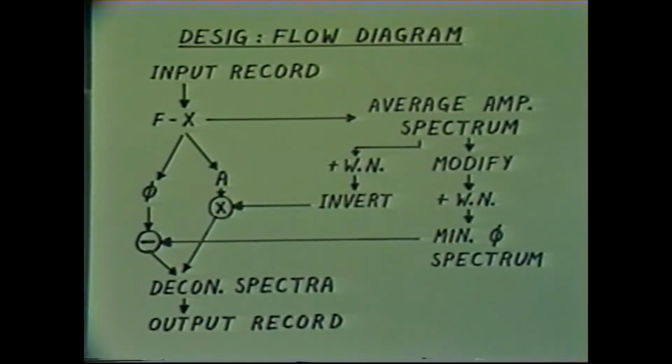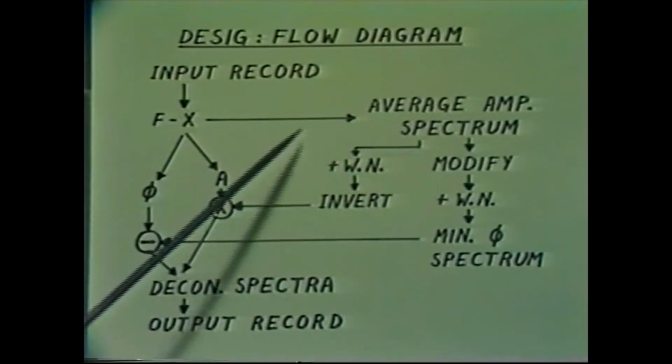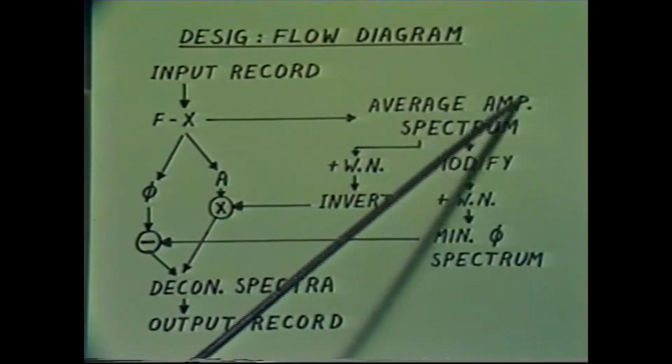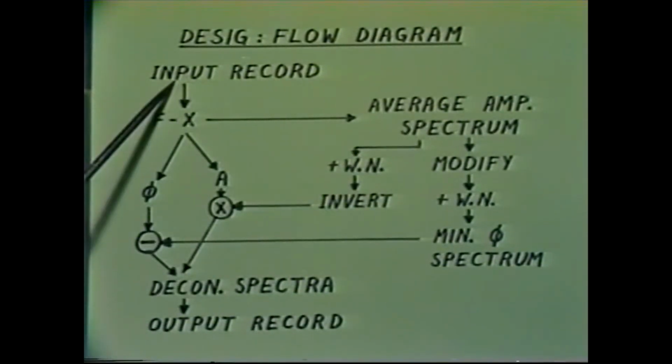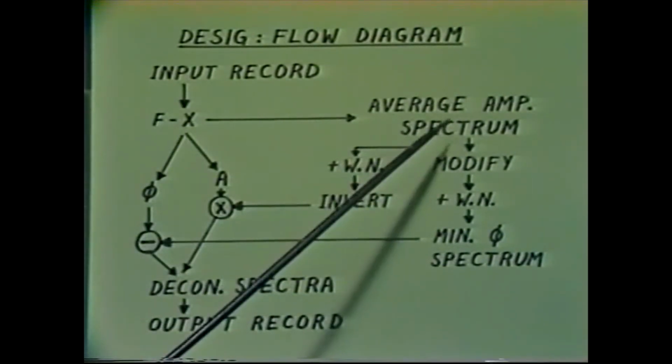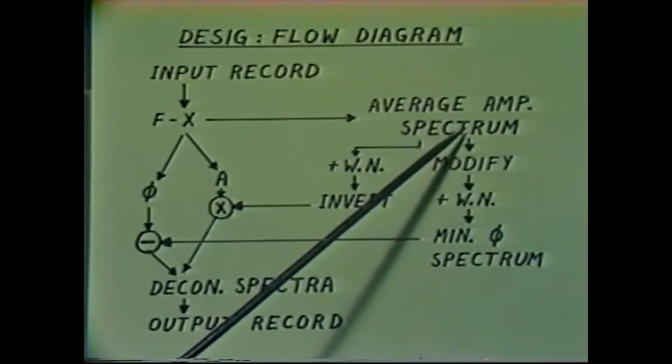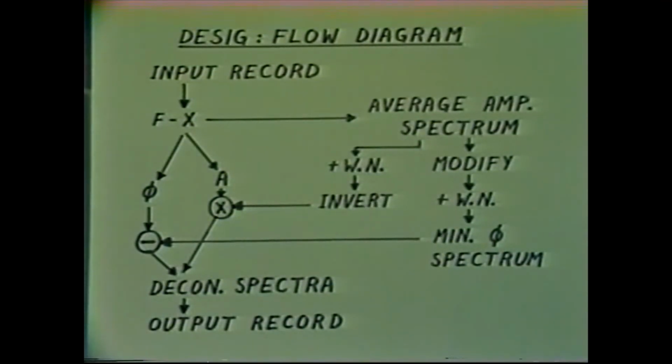So we have the amplitude spectrum and the phase spectrum for each individual trace. Now the amplitude spectra are averaged to give the average amplitude spectrum for the whole input record. That average spectrum is used in two slightly different ways.